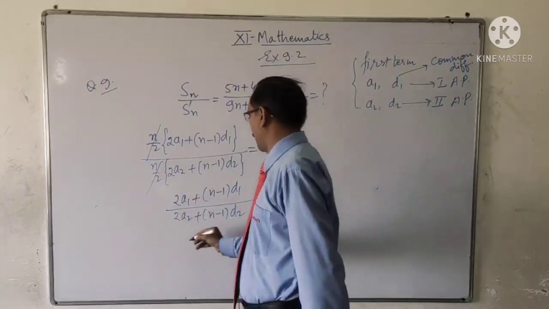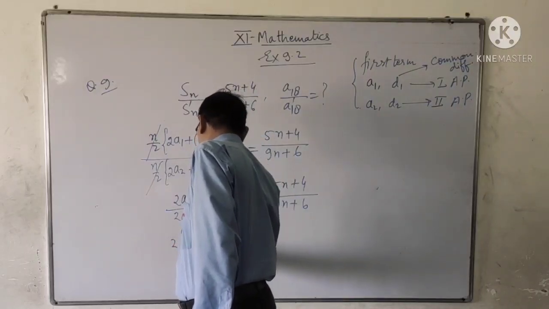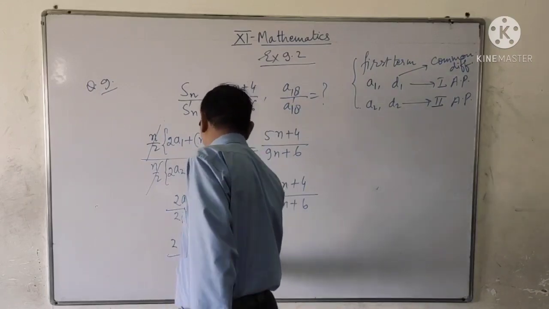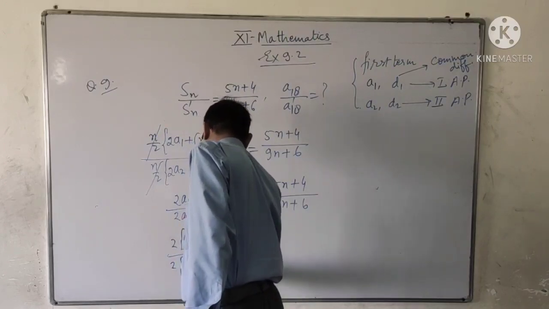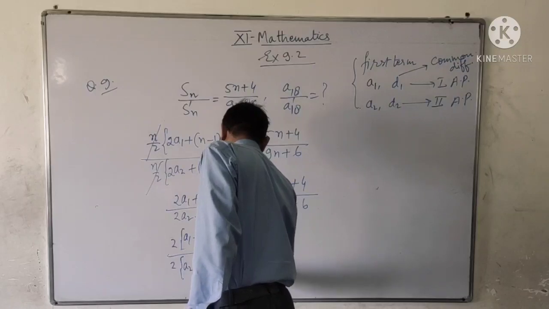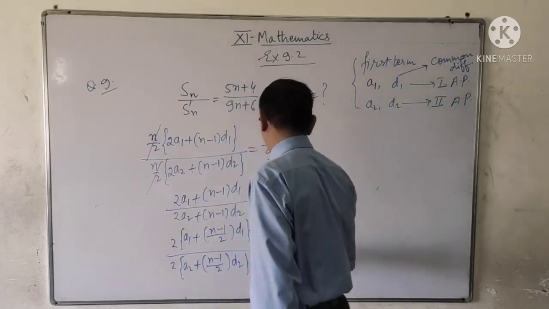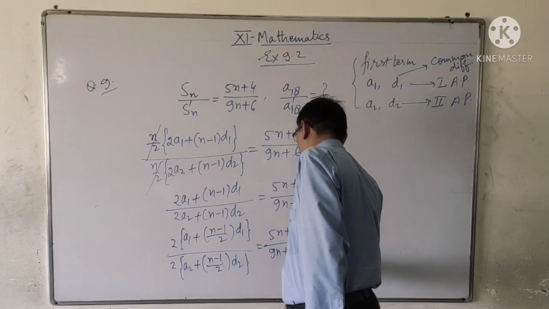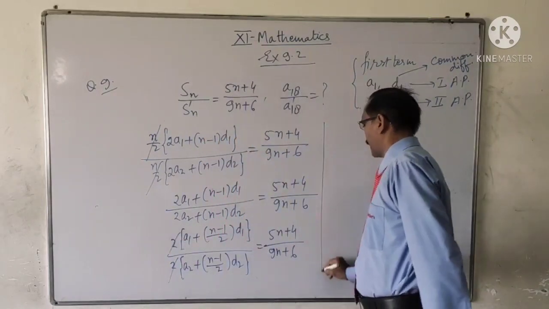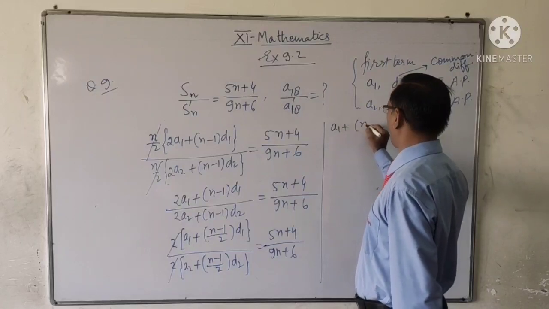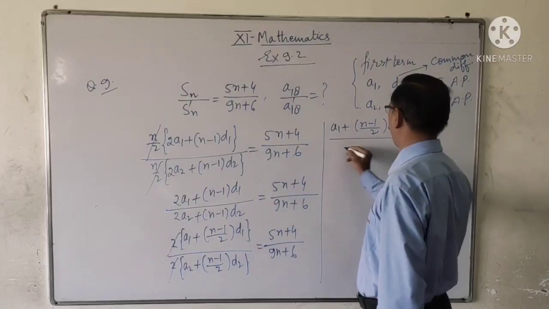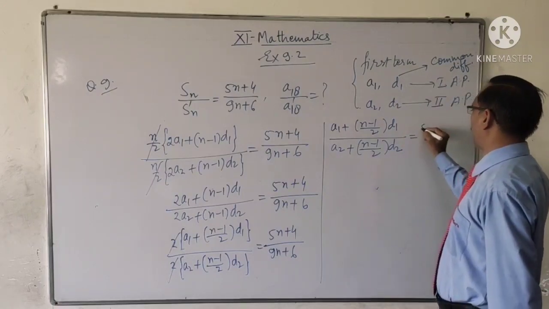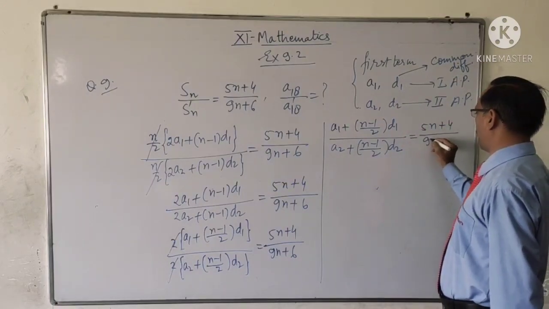Students, now we will take 2 common. Then it is A1 plus (n minus 1) by 2 into D1, divided by A2 plus (n minus 1) by 2 into D2, equal to 5n plus 4 upon 9n plus 6.